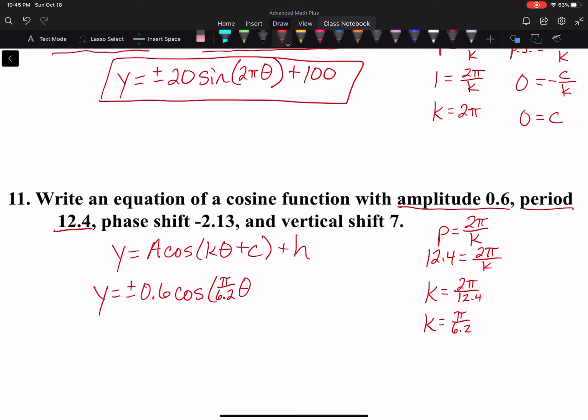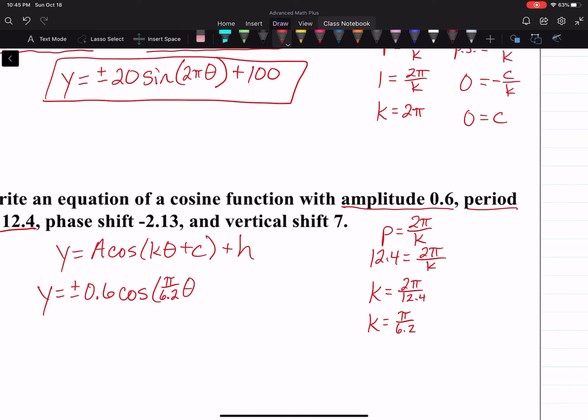Let's figure out what our c is. Okay, so our phase shift is what we use to get c. Negative c over k. So our phase shift is negative 2.13, equals negative c over k, which we just figured out was pi over 6.2.